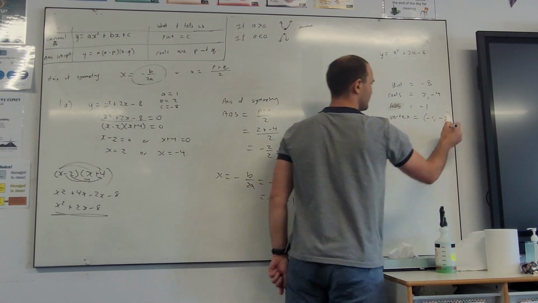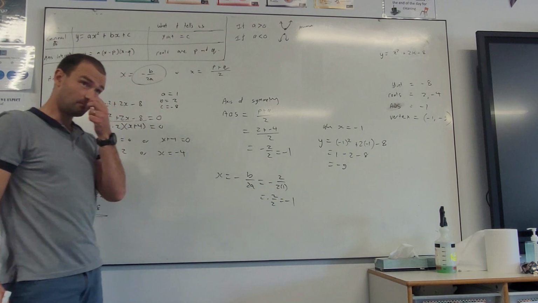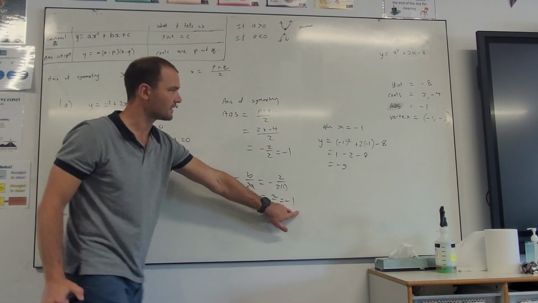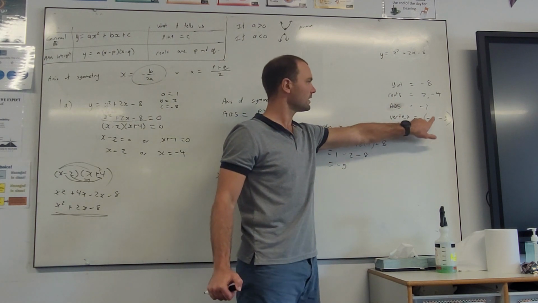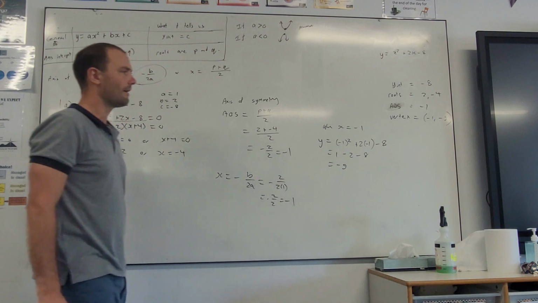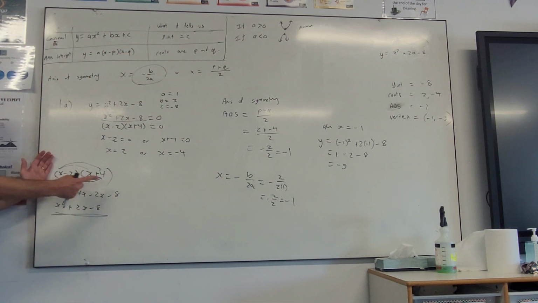The y value is minus 9. So we establish we can use either of these processes. That's the axis of symmetry, so that's the x value of the vertex. That's going to be the y value by plugging it in. I said if you put it in here, you'll generate the same answer.